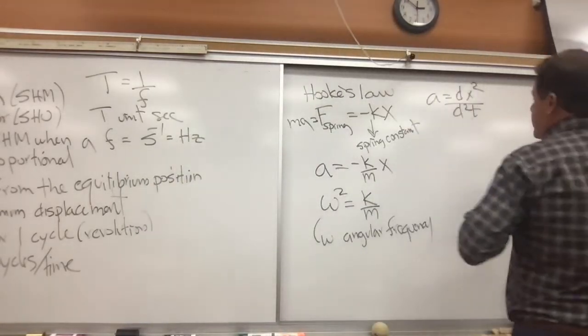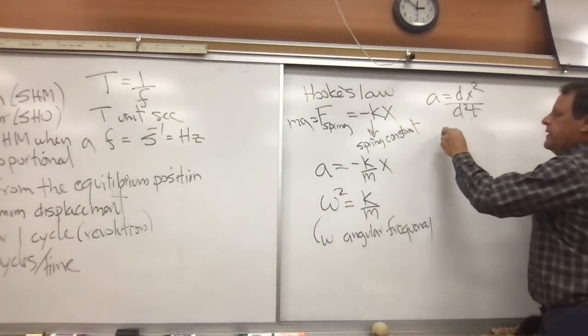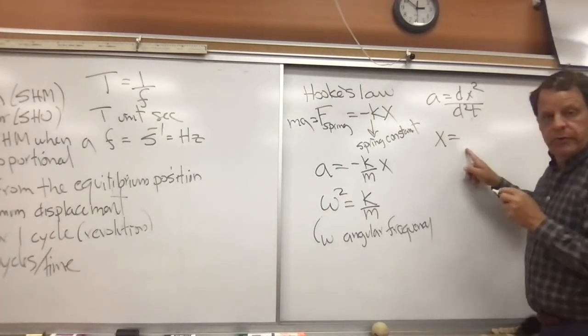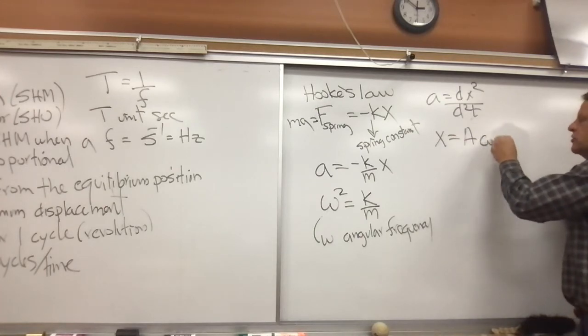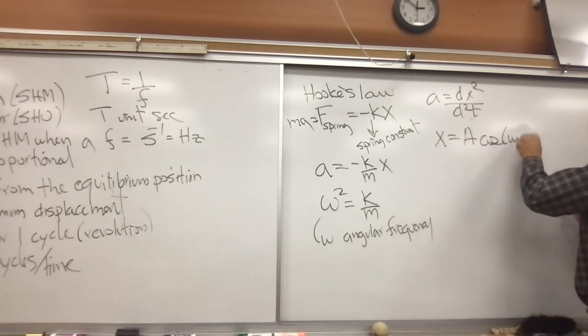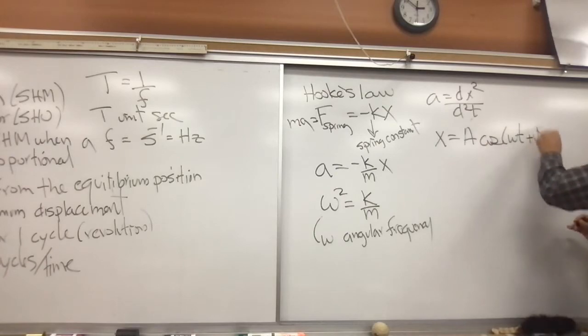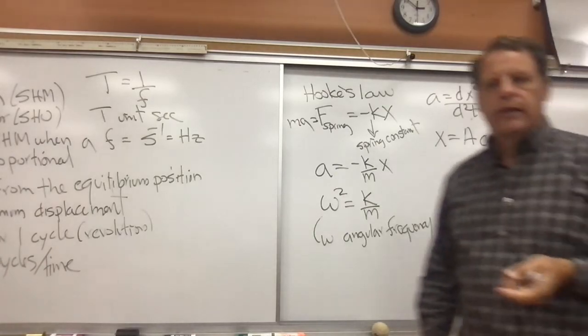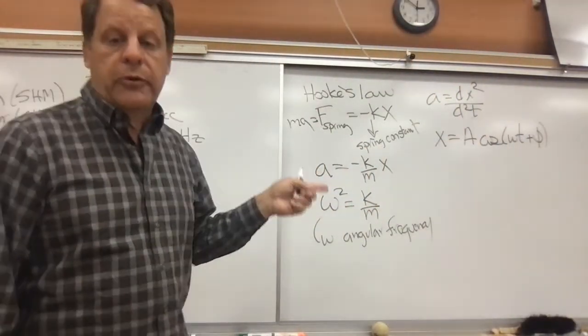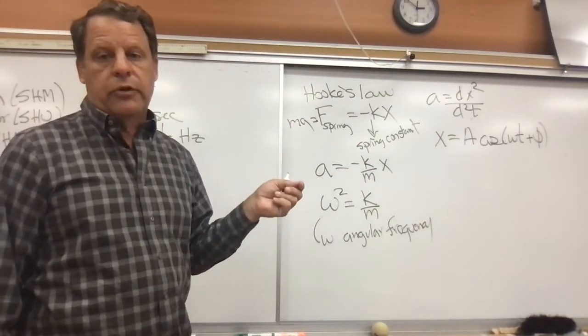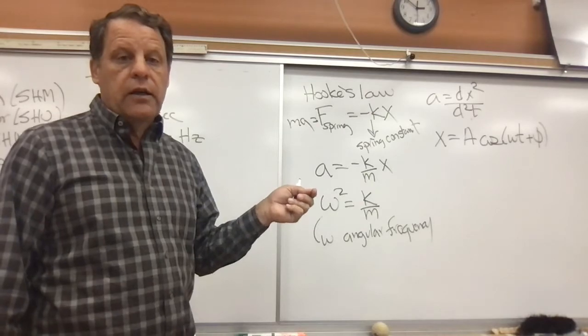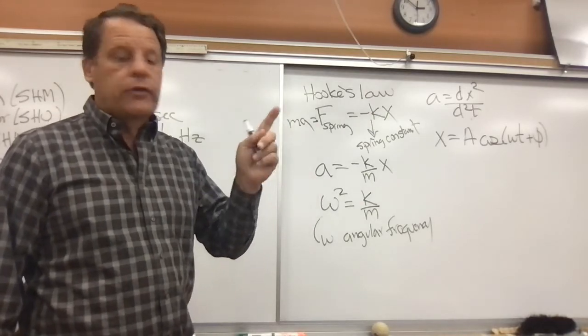So as it turns out, the position is equal to A cosine of omega t plus phi. X is the position, A is the maximum position, which is the amplitude, times the cosine of omega t plus phi.